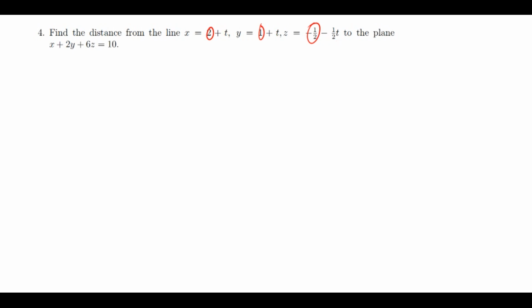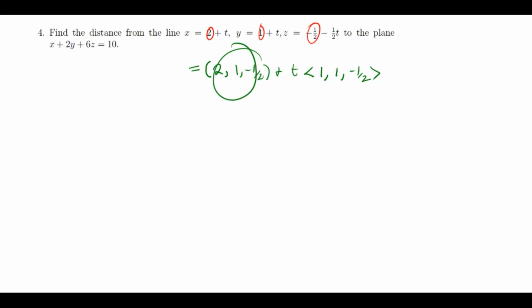Then for the point on the line, because we are given this in parametric form, if I were to write it in a different form, the equation of the line is (2, 1, minus 1/2) plus t times the vector (1, 1, minus 1/2), like this. This is still the correct equation for this line.